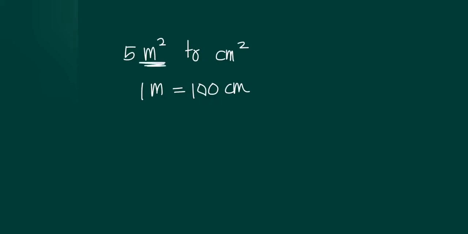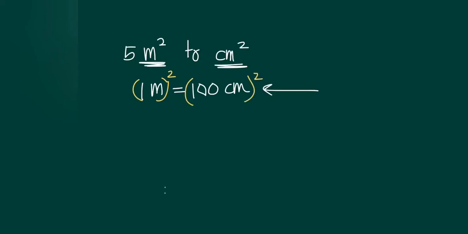Since we want m squared to cm squared, we need to produce m squared and cm squared from this, and the only way to do that is to square both sides, and that is allowed.